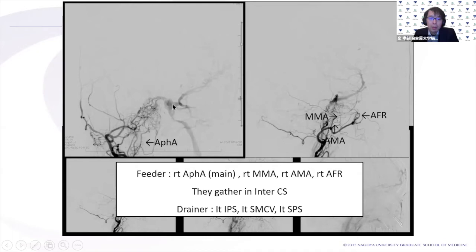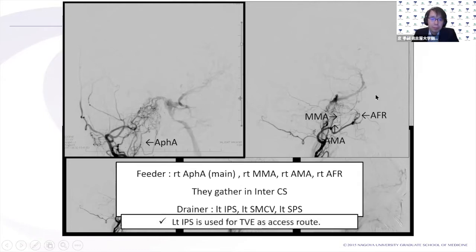Drainers: left IPS, left SMCV, superficial middle cerebral vein, and SPS were seen. Left IPS is used for TVE as the access route.